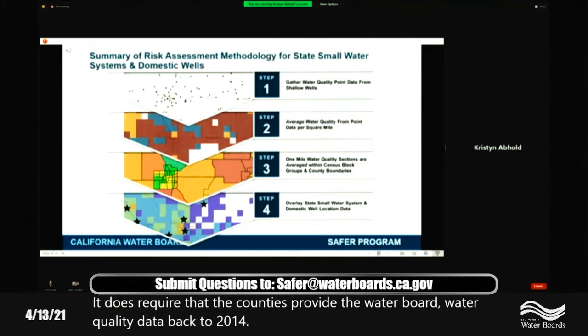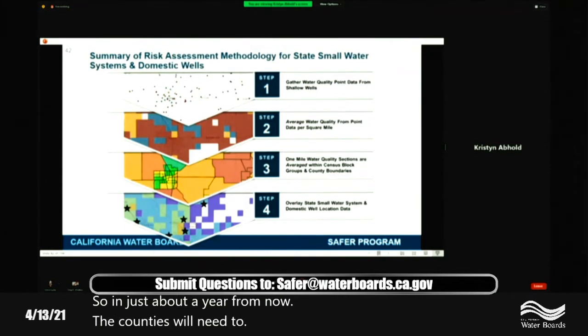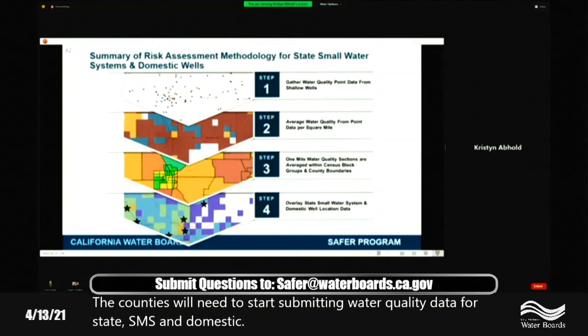Starting January 1st of 2022, in just about a year from now, counties will need to start submitting water quality data for state smalls and domestic wells to the Water Board electronically.